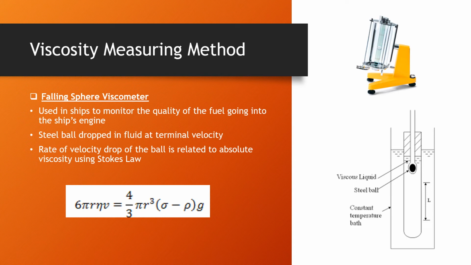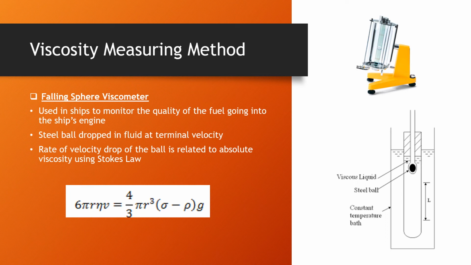The other method is called the falling sphere viscometer. In this, you're going to use a steel ball and put it through the fluid at terminal velocity. The rate at which the velocity would drop as it sinks into the fluid would be used to measure the viscosity.